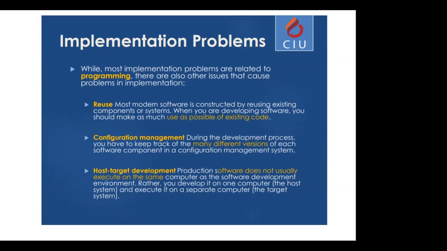One of the things that you should always consider is reuse in programming. The modern software that we develop basically tries to reuse existing components as much as possible in the most optimized way. If there is a solution out there that is optimized to solve that specific problem, you should not shy away from using as much as possible the existing code.